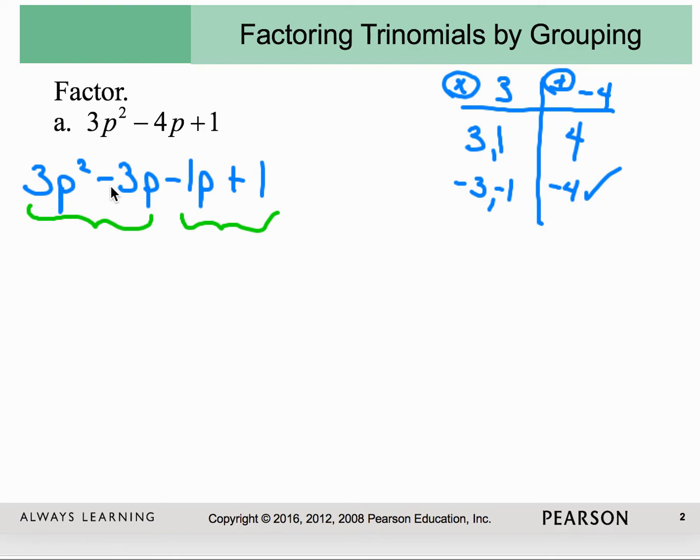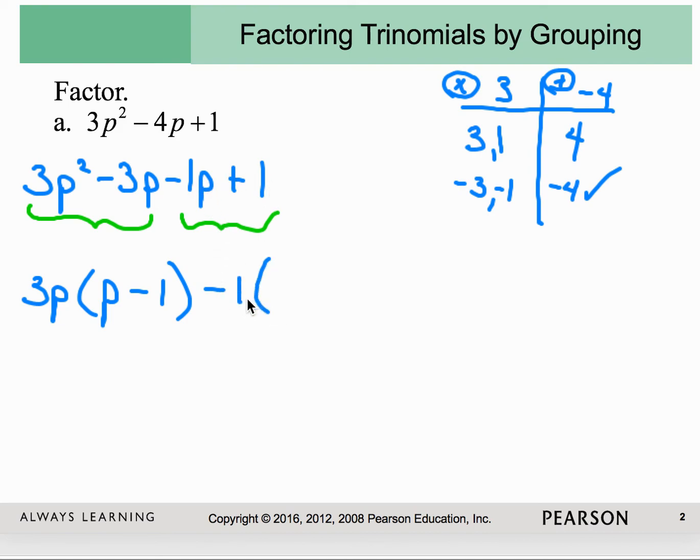These have a 3 and a p in common. When you factor a 3p out of this, it leaves p minus. When you factor a 3p out of here, it leaves 1. Now, careful with the 1 in front of a parenthesis. I'm really factoring out -1.